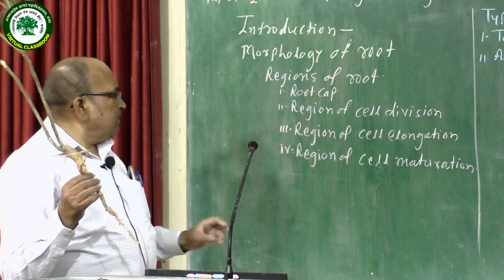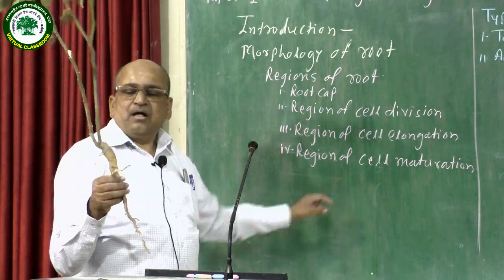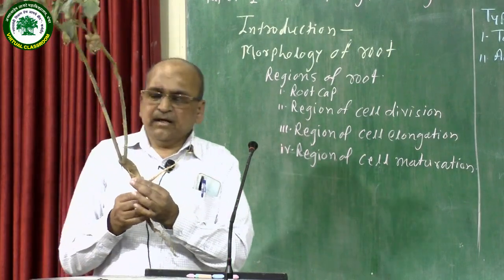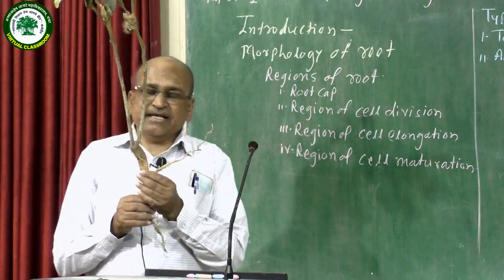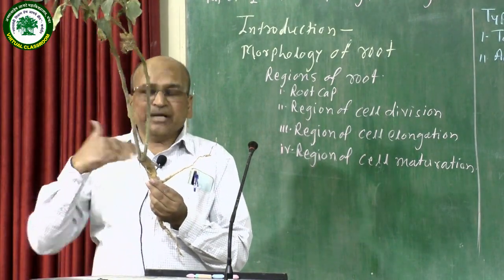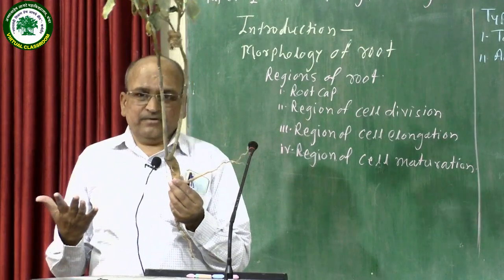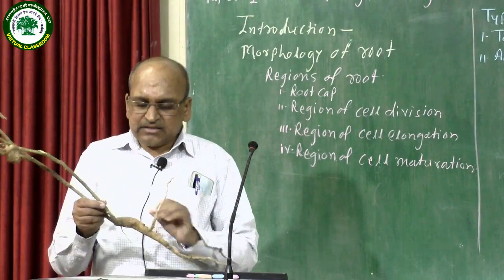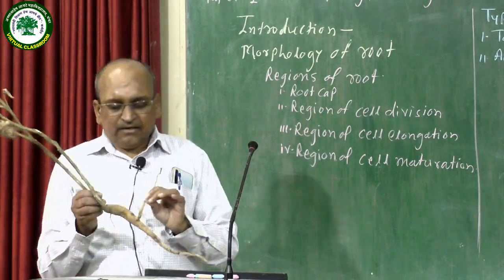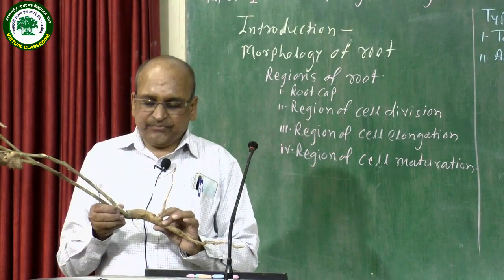The next and last one is the region of cell maturation. In this region, all cells become mature. After maturation, cell separation and formation of complex tissue take place.